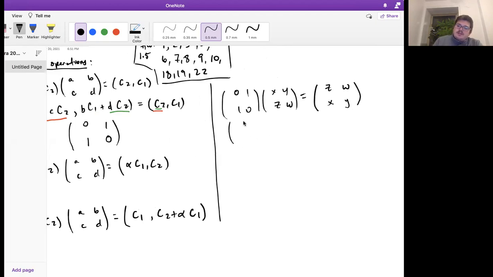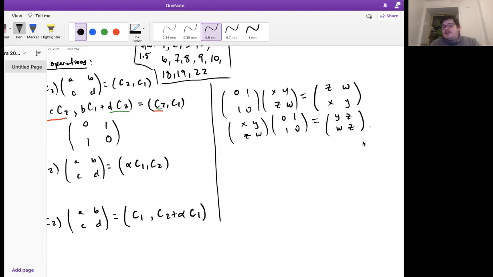On the other hand, if we multiply that same matrix on the right, what do we get? Right, then I get a column swap.